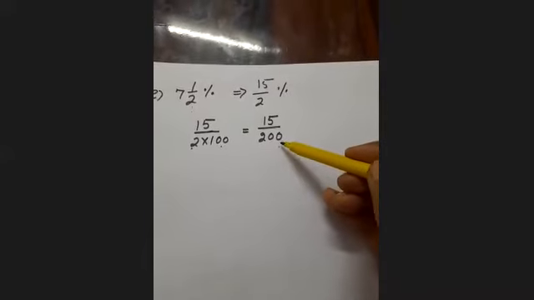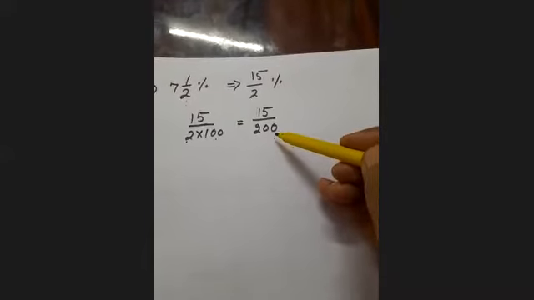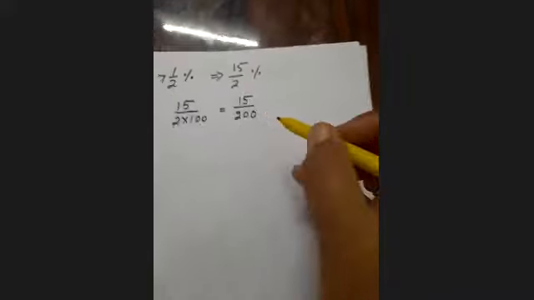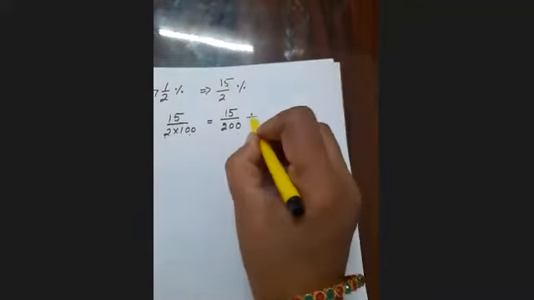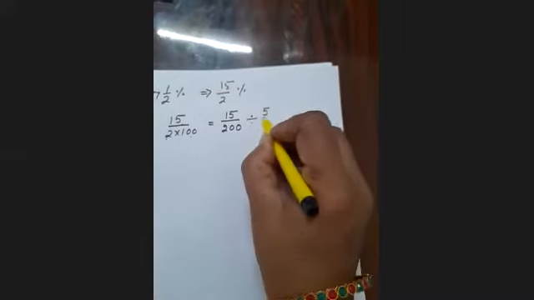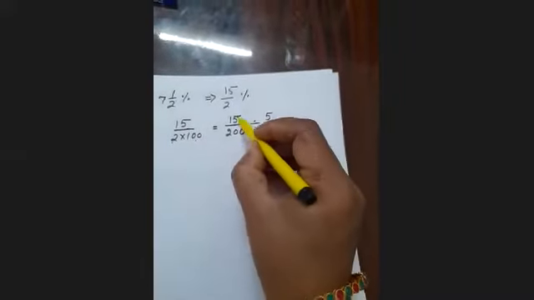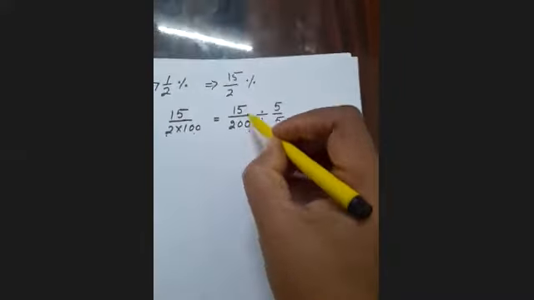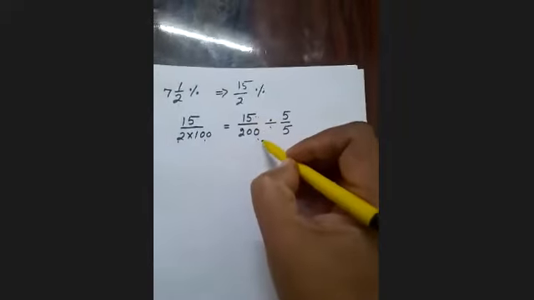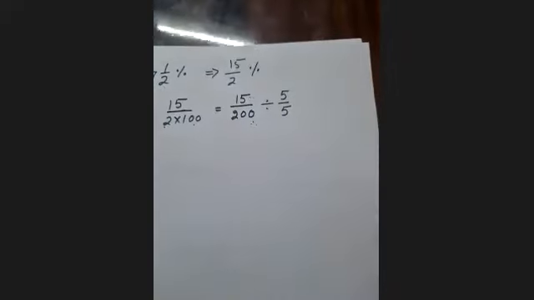Now convert this number into its simplest form, lowest term. For this, students, we will divide by 5, because 15 and 200, our numerator and denominator, both are multiples of 5.